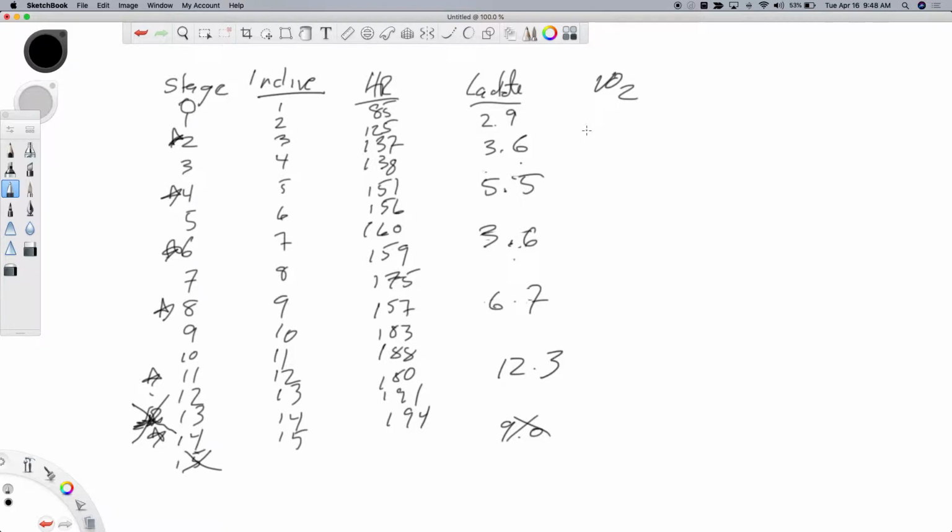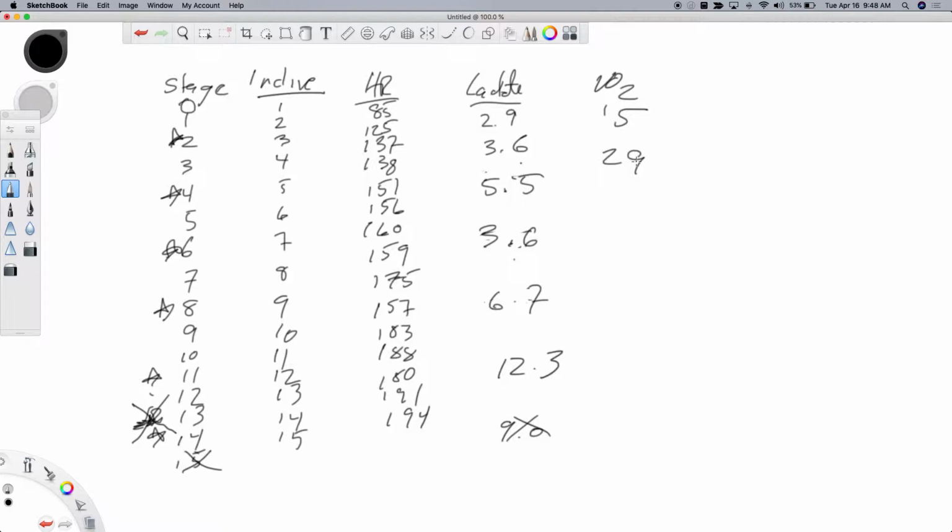So we started, his VO2 was 15 at 2 minutes in. That means 330. How many seconds is 2 minutes? 120. Right? So 420, it was 29.